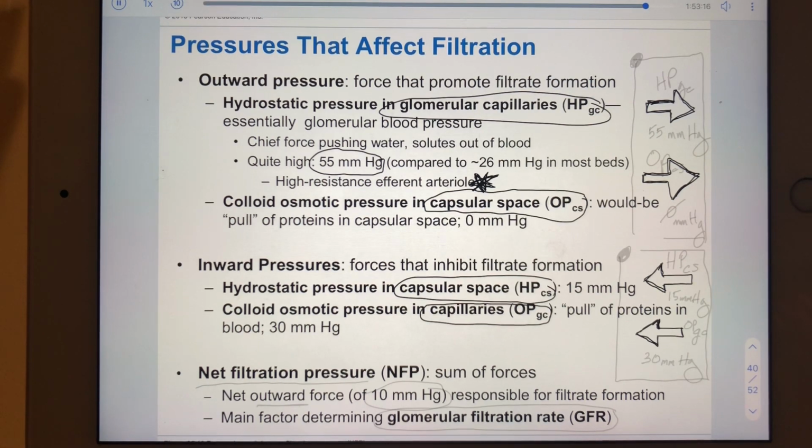So this arrow represents an outward arrow or outward force of about 55 millimeters of mercury, okay? This arrow, it's actually treated as 0.